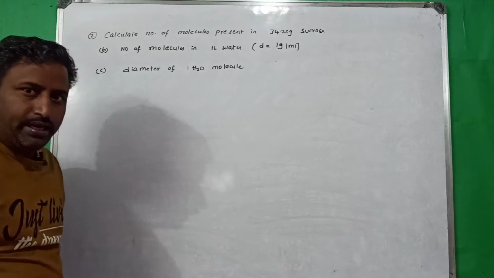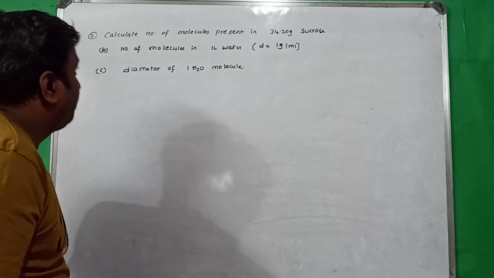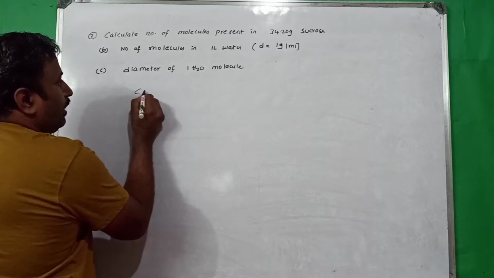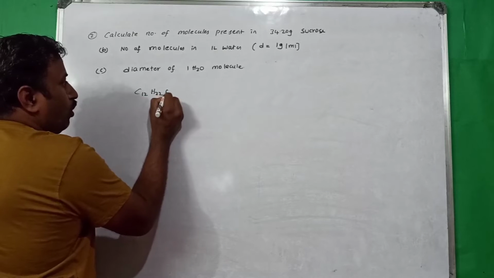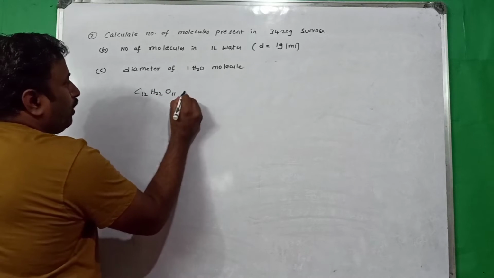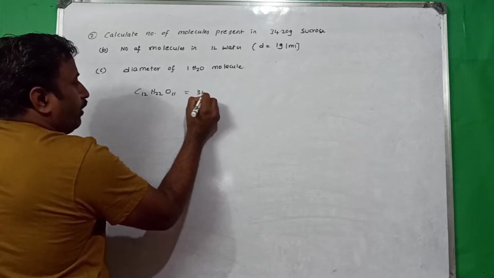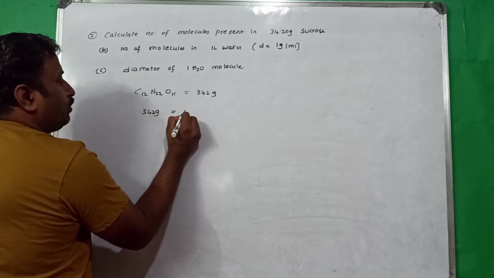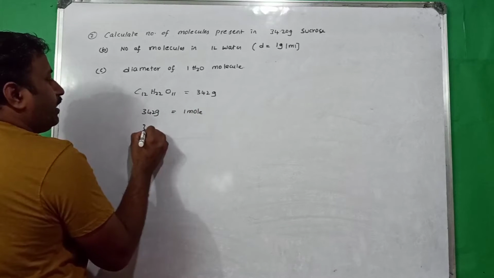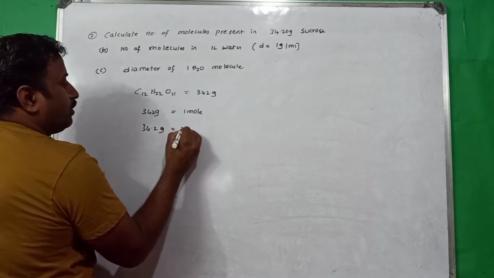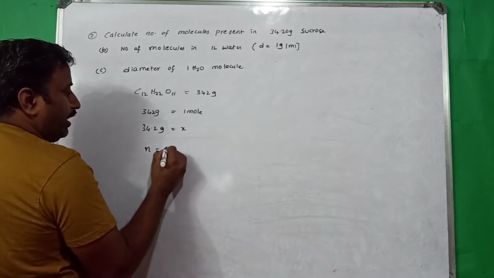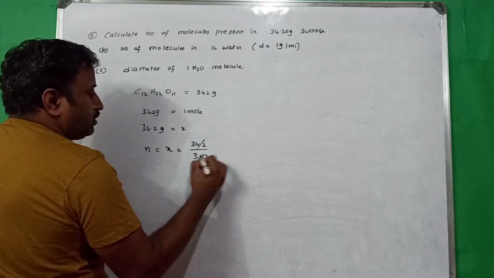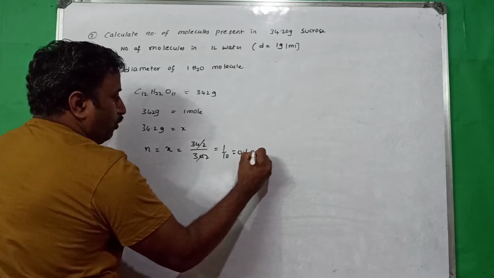Three questions. Let's start with the first one: calculate the number of molecules present in 34.20 grams of sucrose. Sucrose formula is C12H22O11. The molecular mass of sucrose is 342 grams. 342 grams is equal to 1 mole, then 34.2 grams is equal to x moles. x is equal to 34.2 upon 342, so 1 by 10, 0.1 mole.